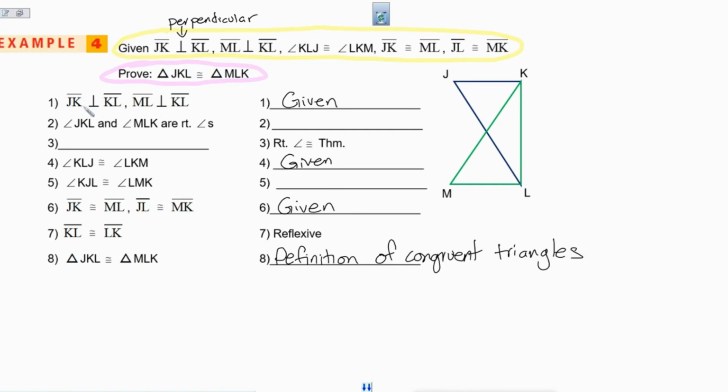Our first one says segment JK is perpendicular to segment KL, and segment ML is congruent to segment KL. Now, what do we know about segments that are perpendicular to each other and the angles they make? They make right angles. That's what we can say in this next one. It is because of the definition of perpendicular.